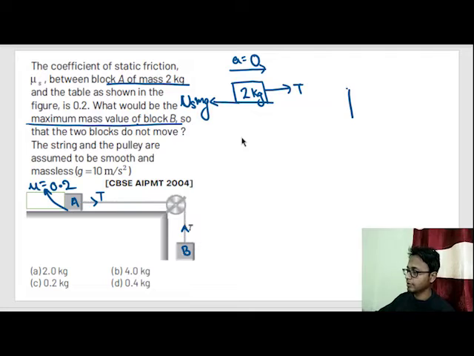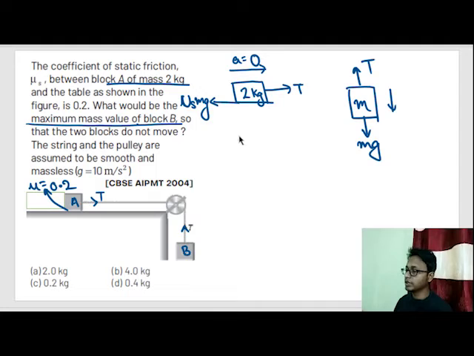Now, I don't know the mass of this object, but I do know there is gravity force acting out here and tension force acting out here. And since this is accelerating towards the right with acceleration 0, this will be accelerating down with acceleration 0.